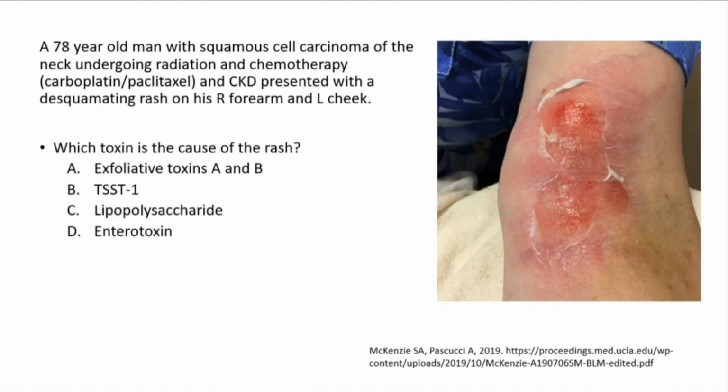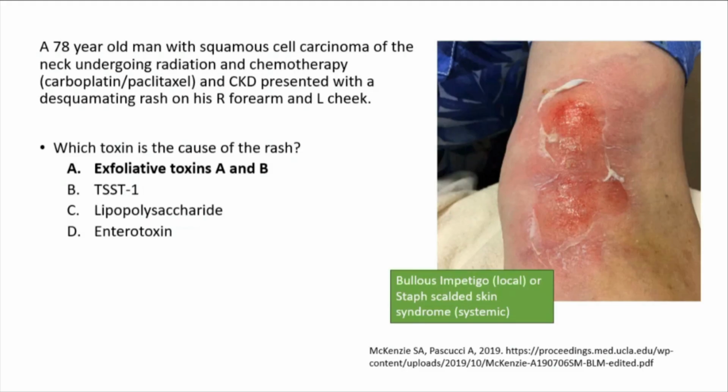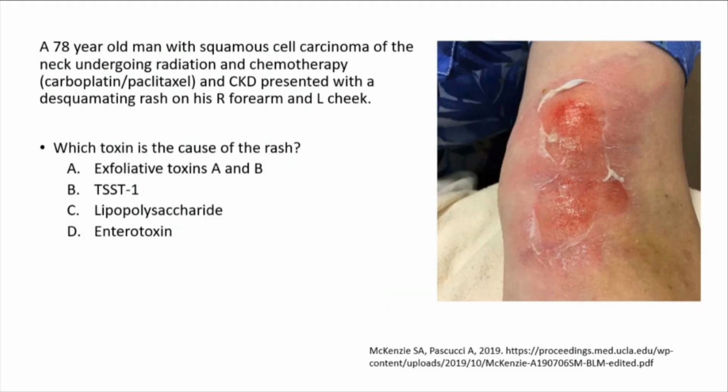Any ideas from the group? I like your test taking skills. So what's your guess? But you do get desquamation with TSST. Yeah, and what do you call this syndrome?